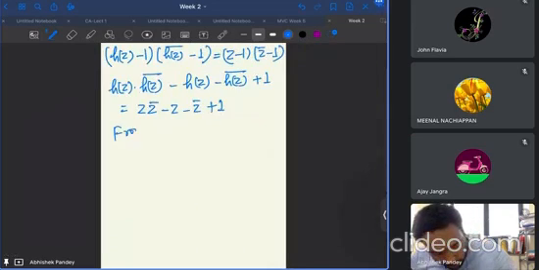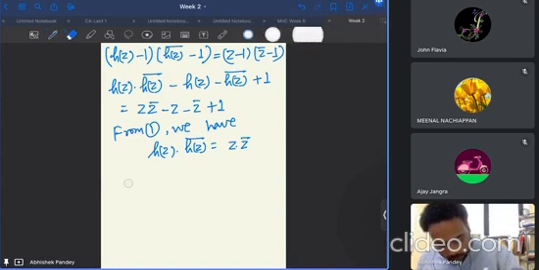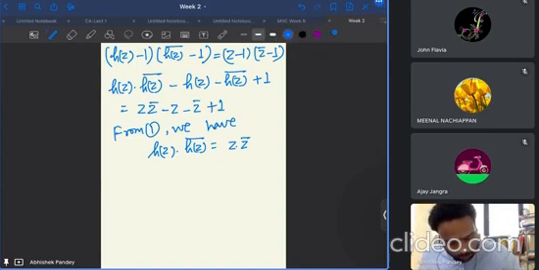From 1, we have h(z) h(z) bar equals z z bar, so this term and this term will get cancelled out, and the 1 will also cancel. So h(z) plus h(z) bar is equal to z plus z bar.